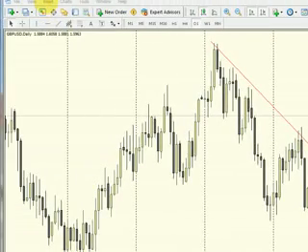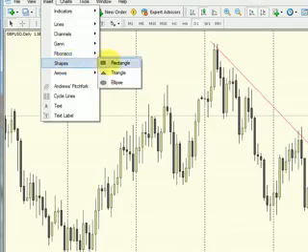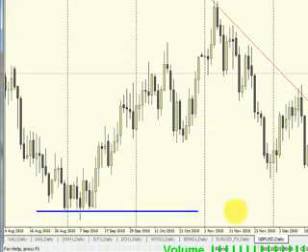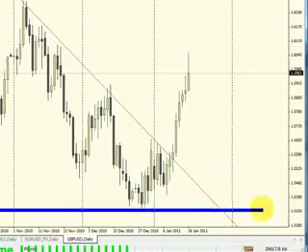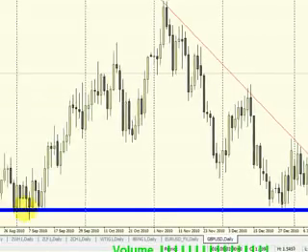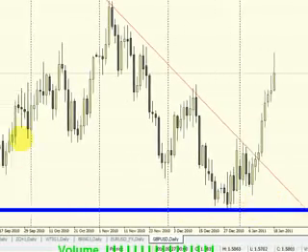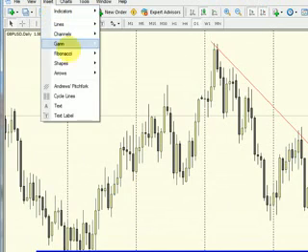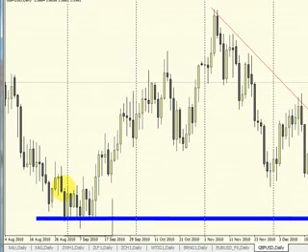Okay, so let's do some adding in some support and resistance areas. We've got an area down here, where we've bounced off multiple times, here and here and here. We've got an area just here. Just check down here.